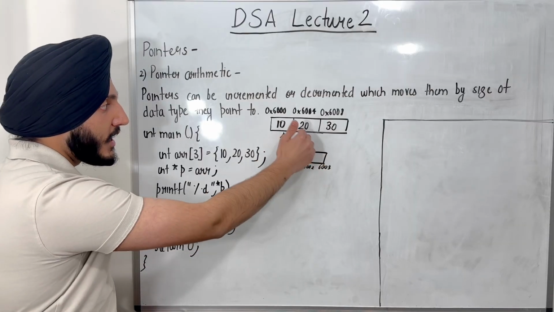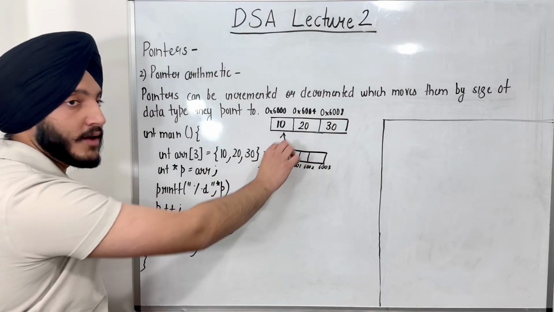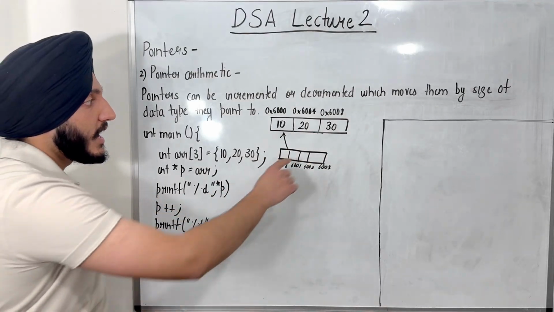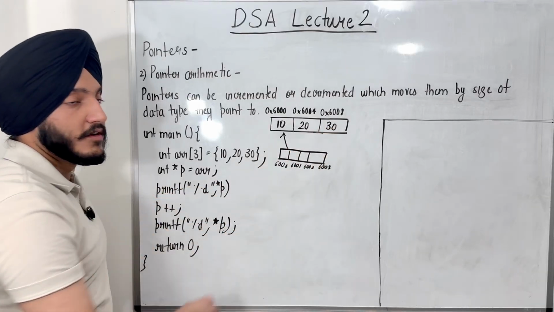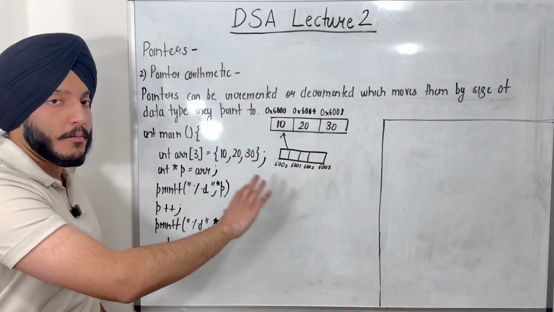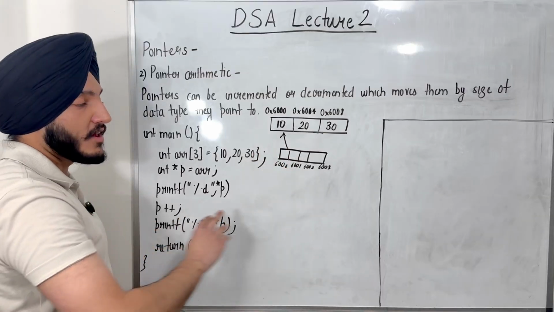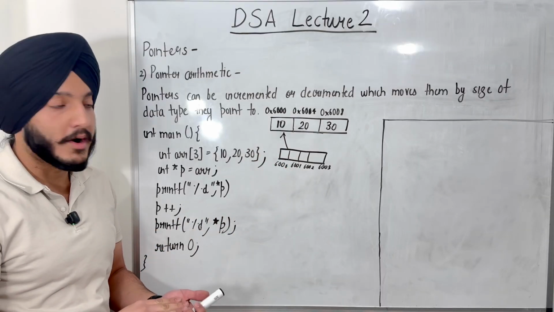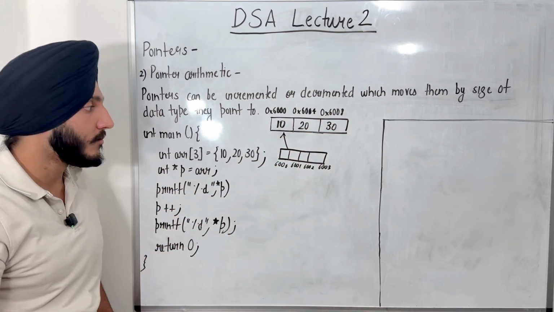After that, from 6004, we would store 20. That would again occupy 4 bytes. And after that ends, we would have 30 at the address 0x6008. I hope you are able to understand this. If it's kind of complicated, don't worry too much about this part. But let's understand that since an integer requires 4 bytes, that is why they are separated by 4 spaces in this example.